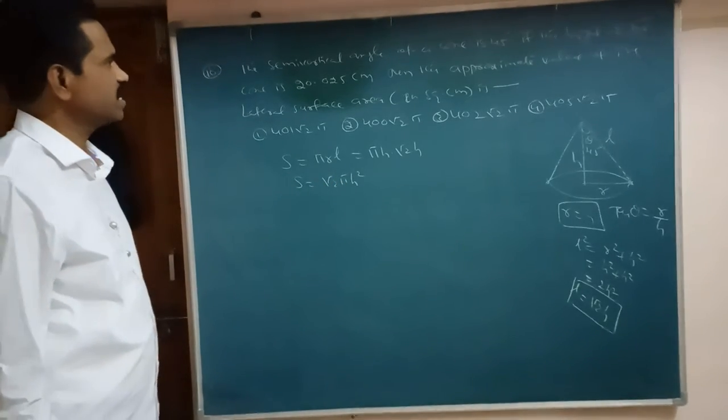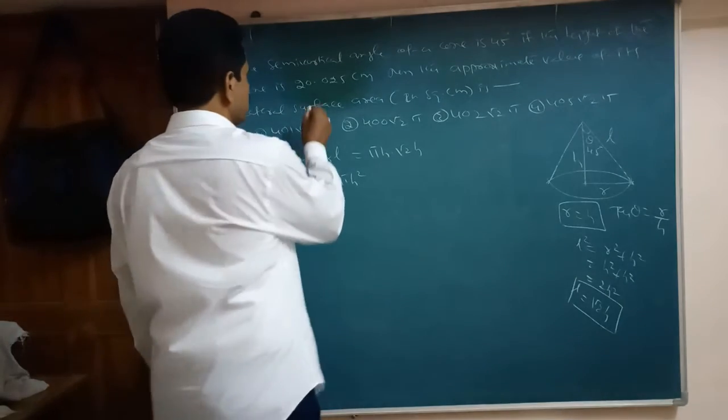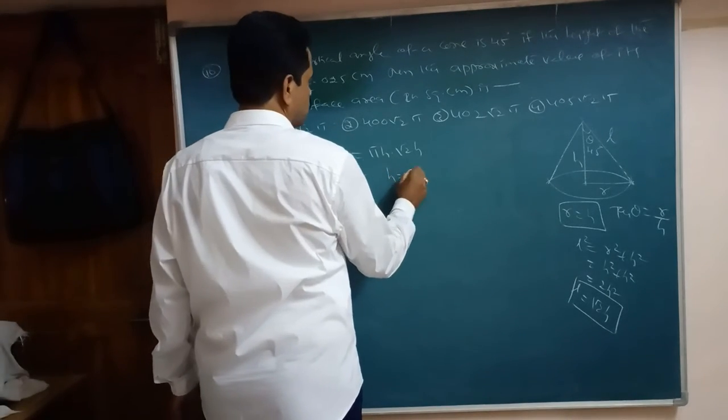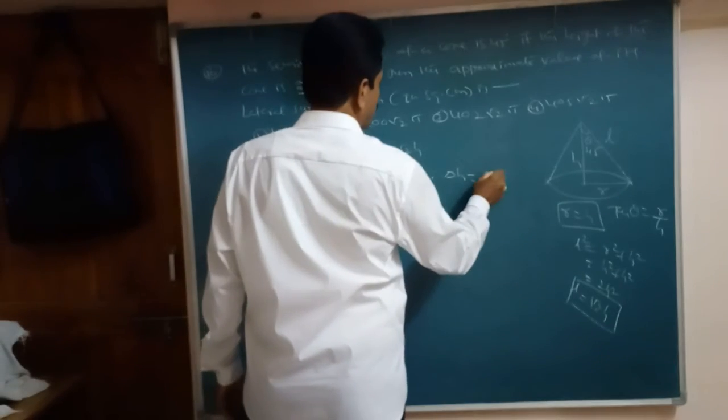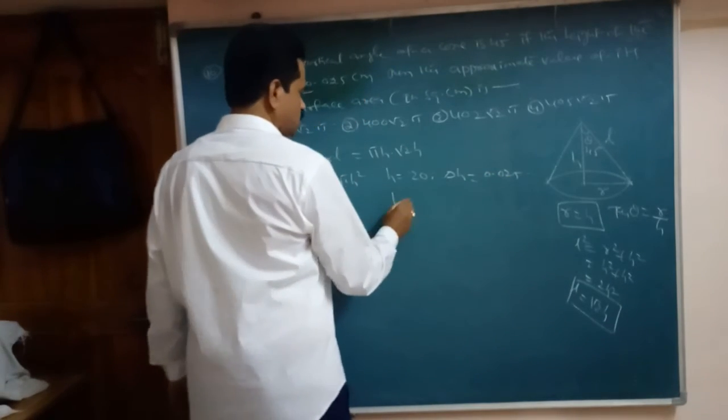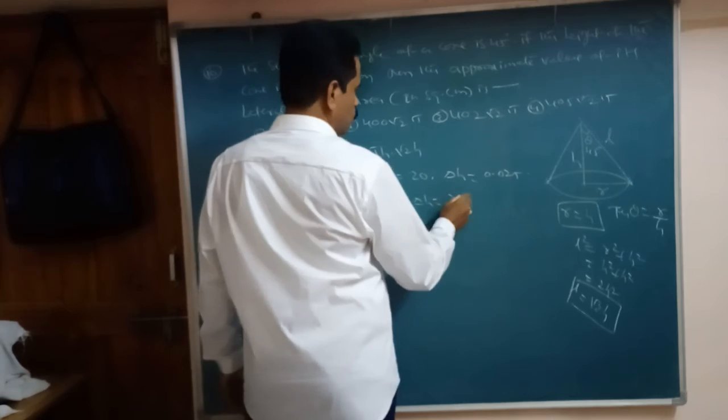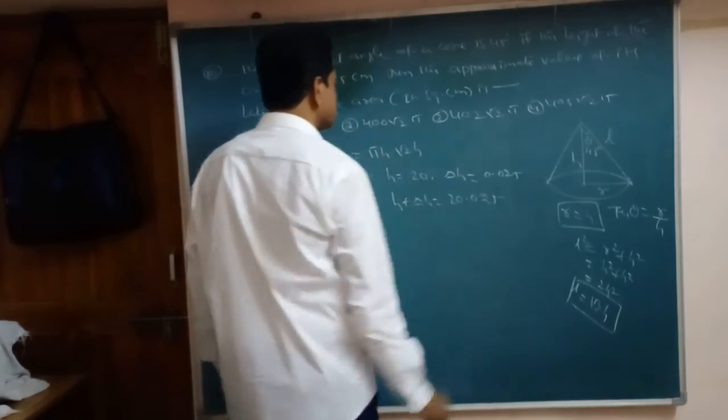Next, the height of the cone is given: H equals 20, and its error delta H is 0.025. So H plus delta H is 20.025.